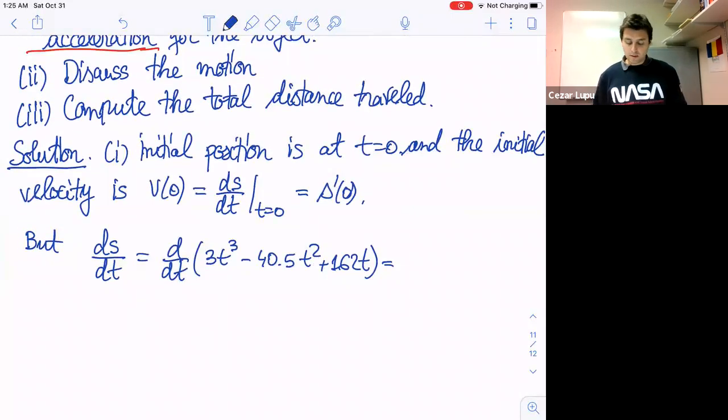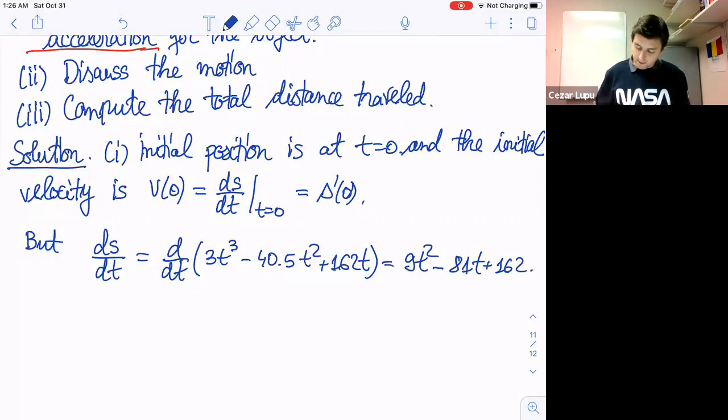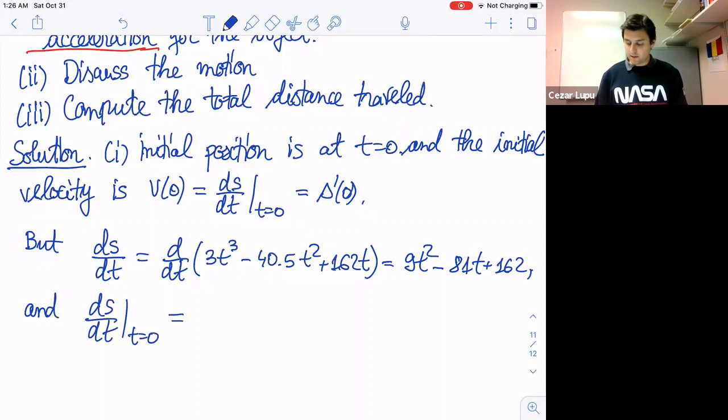If we compute the derivative, this would be 9t squared minus 81t plus 162. Evaluating ds over dt at t equals 0 gives us just 162.